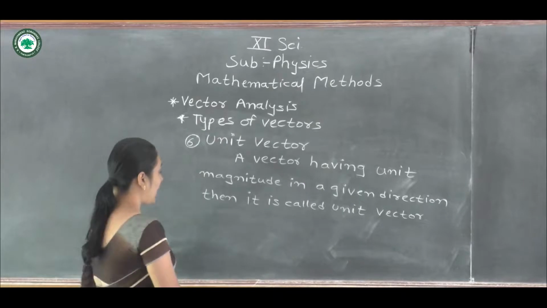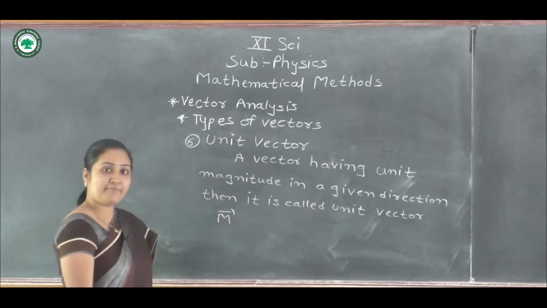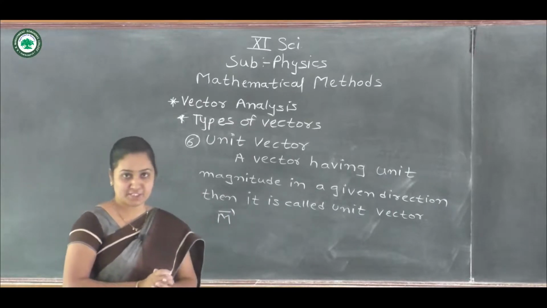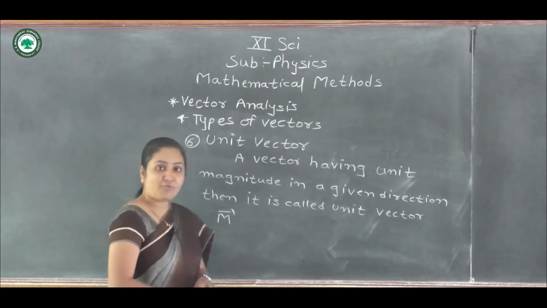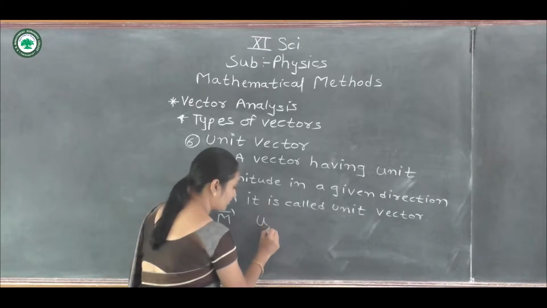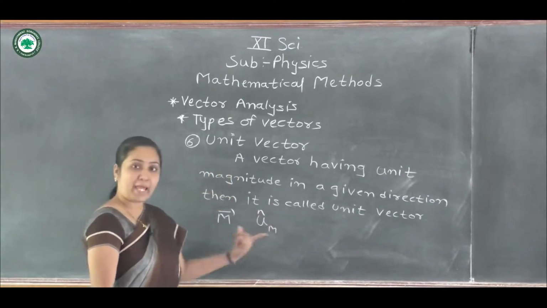Suppose m bar is a vector having some magnitude in a particular direction, then the unit vector of m bar is denoted by um cap.